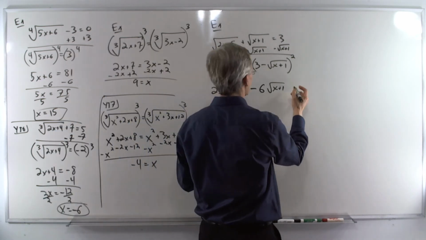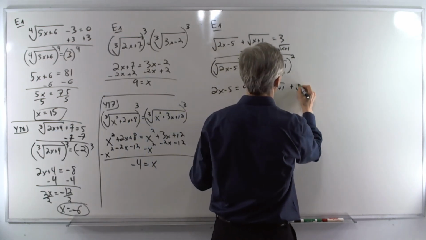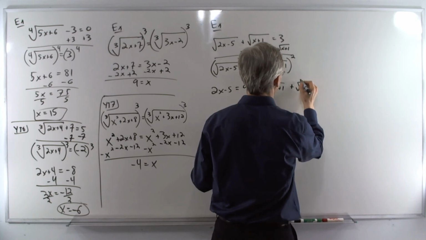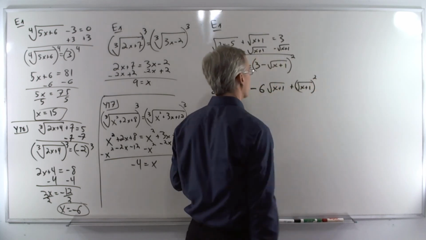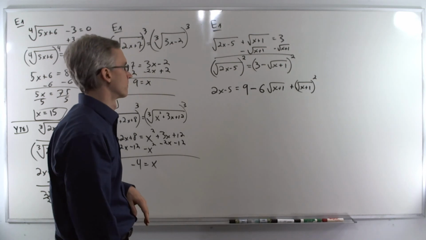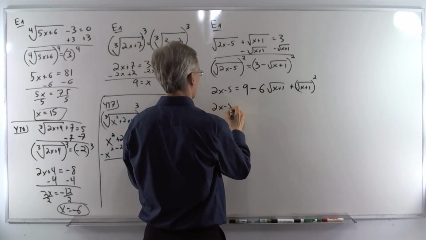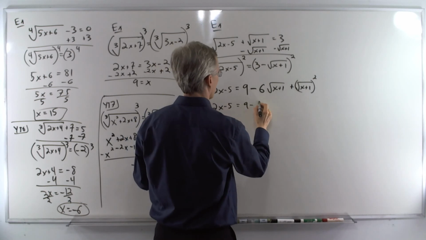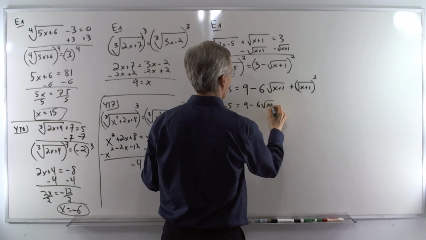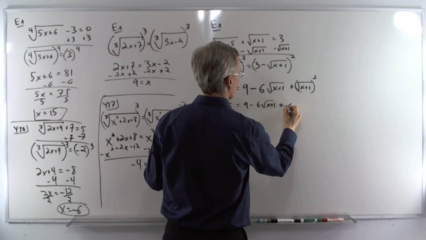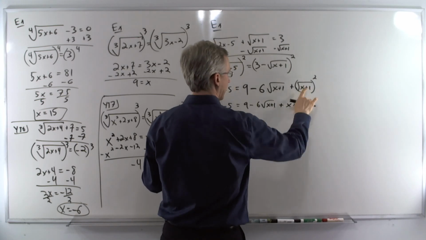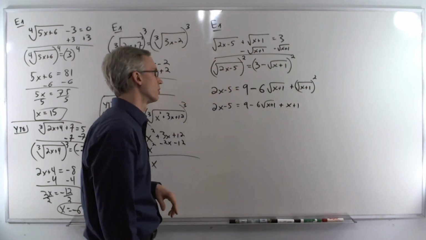And the last piece will be plus the square root of x plus 1 squared. And that cancels to just give us x plus 1 there.